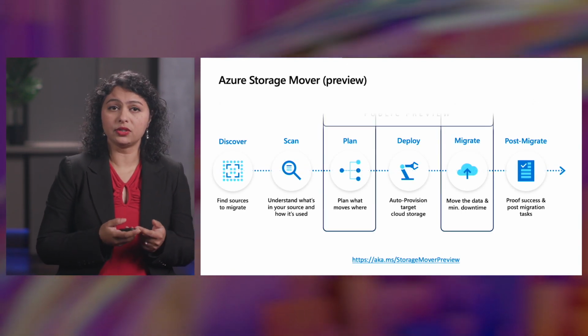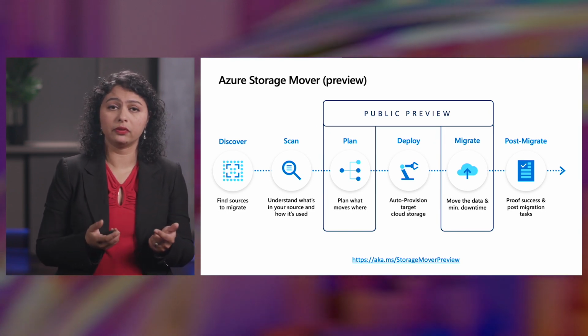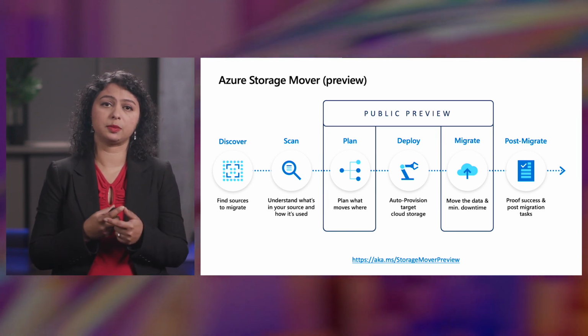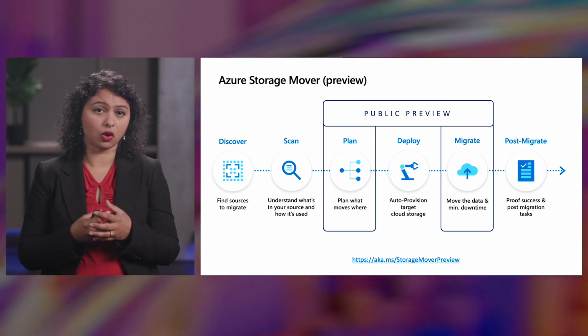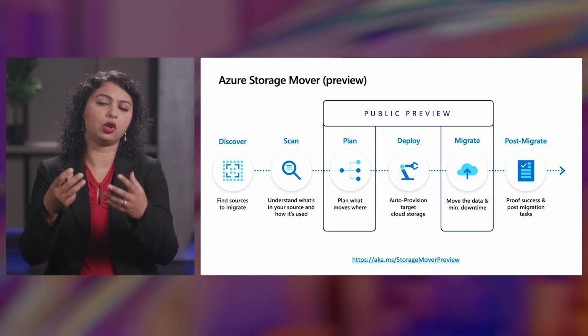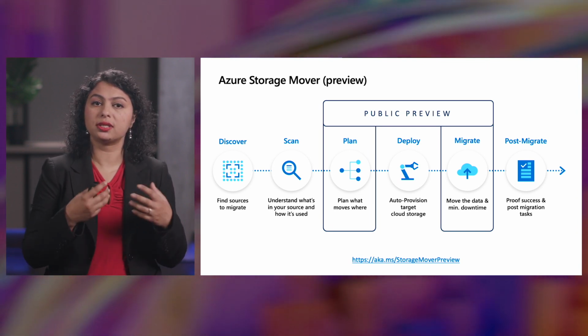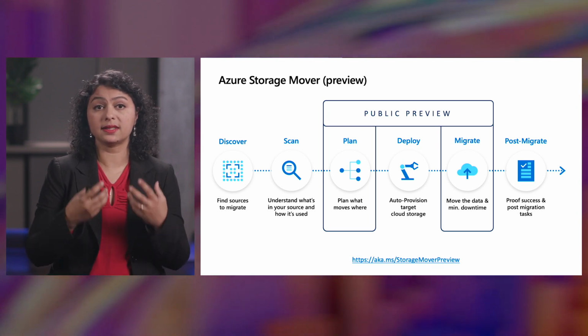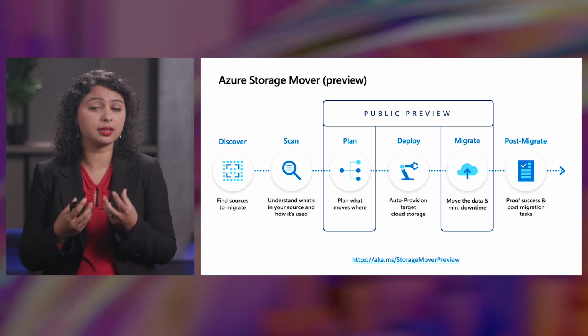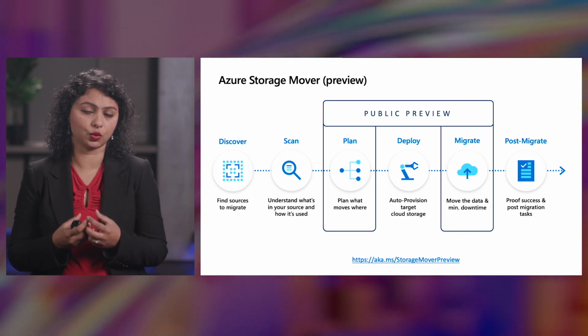In addition to this, we have also launched Storage Mover, which is an end-to-end fully managed experience in public preview. Here is the end-to-end vision for this offering, and certain components have been launched into public preview. So you start with discovering which sources you want to migrate, and then scan through them to understand what's in that source and how that data is used.